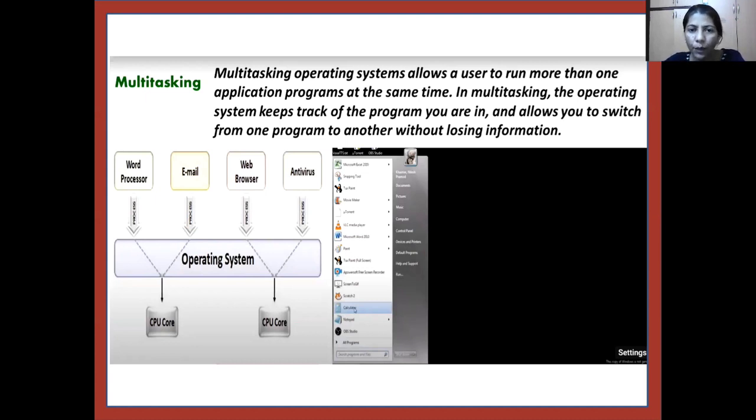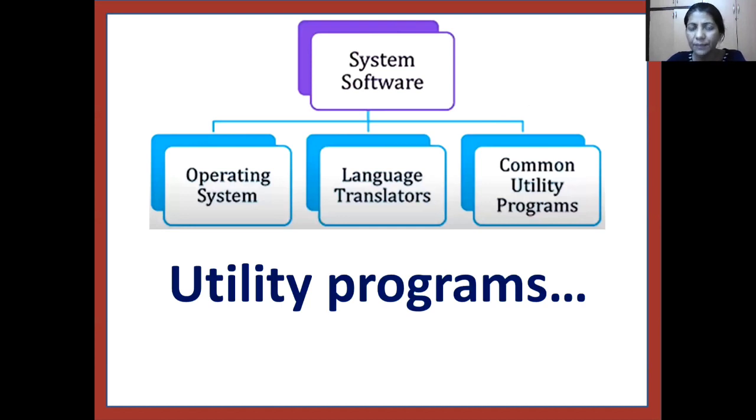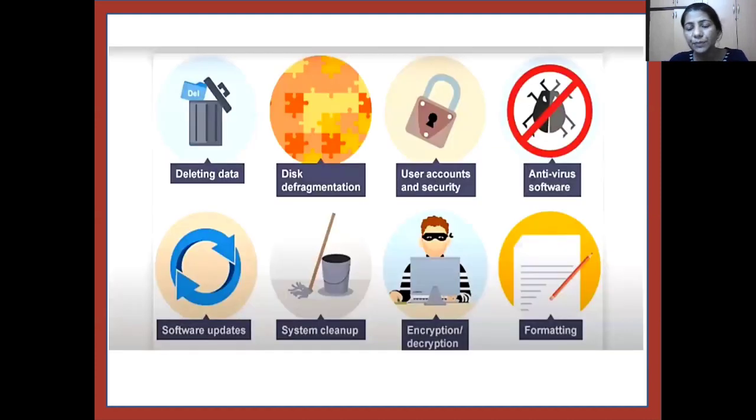Fine. Now, as we have learned about the operating system, we are going to learn about utility programs. Actually, these programs are necessary for the smooth functioning of the computer. We can work without utility software also on the computer, but for smooth functioning we need this utility software.